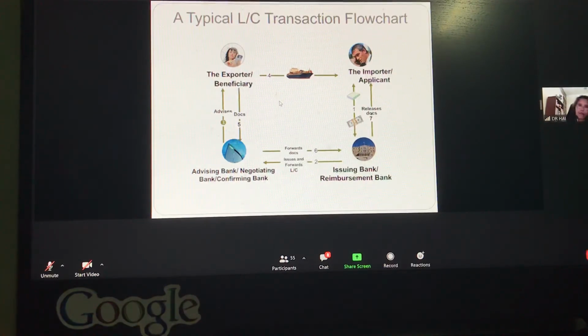Why do a lot of foreign exporters ask the Vietnamese importer, I will sell goods to you if you ask Vietcombank or BIDV or Vietinbank to open LC?